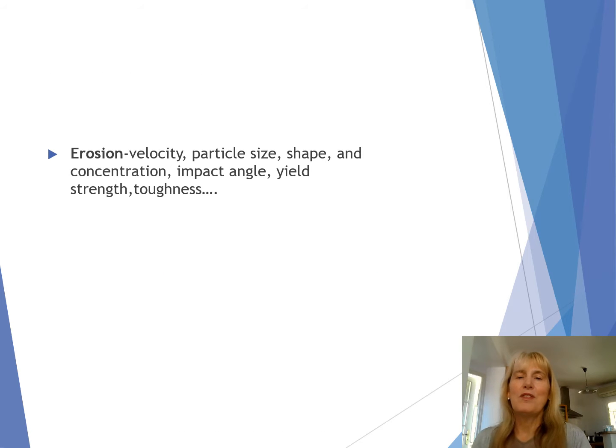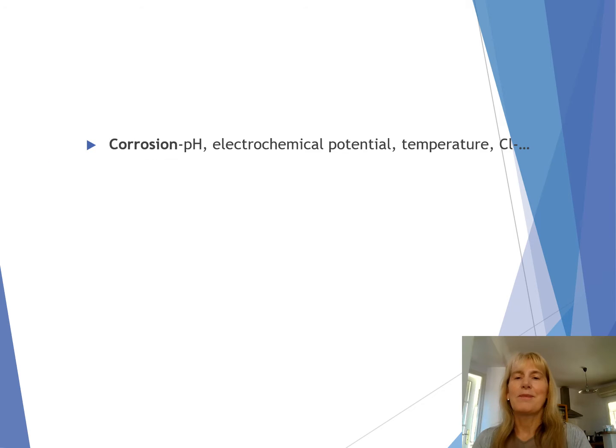So many different kinds of energy transfers in terms of erosive impact. Okay, so the erosion variables, we generally have many different kinds of variables. These include things like the velocity, the particle size, shape and concentration, impact angle of the particle to the surface, because the normal and tangential velocity components can be quite significantly different in terms of the erosion of the surface, and then of course the materials properties such as the strength and the toughness.